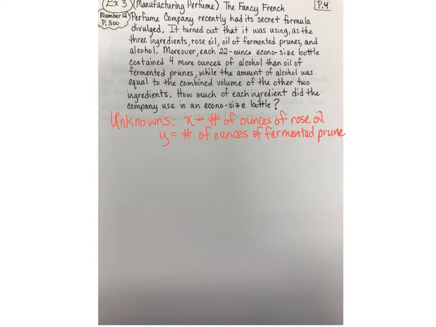So we're going to write this down. And we also don't know the number of ounces of alcohol. Okay, so how can we connect everything that we know into equations?